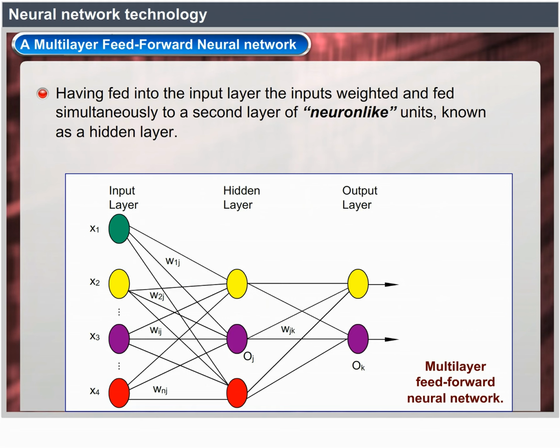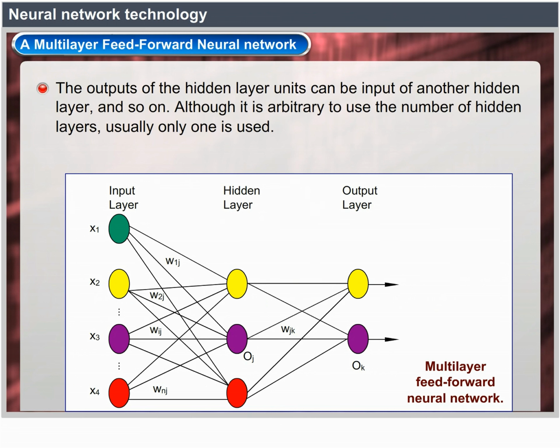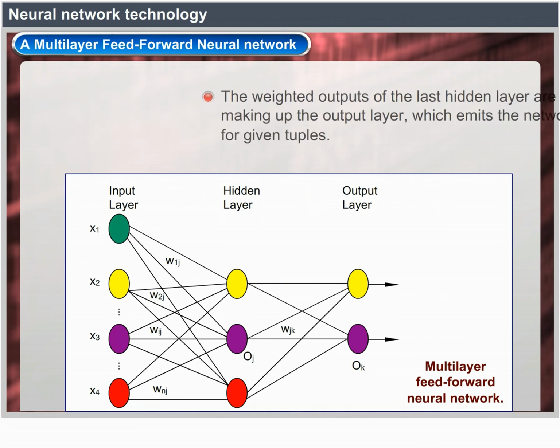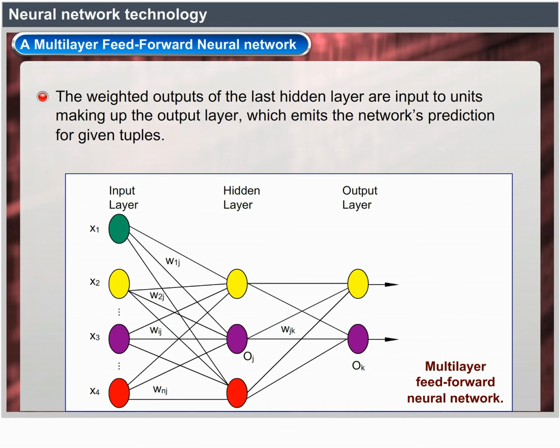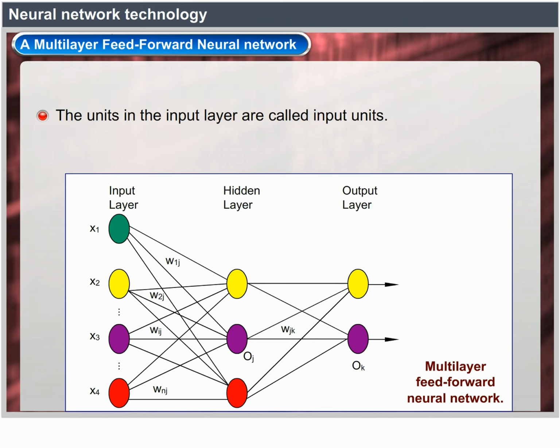The outputs of the hidden layer units can be input to another hidden layer and so on. The number of hidden layers is arbitrary, although in practice, usually only one is used. The weighted outputs of the last hidden layer are input to units making up the output layer, which emits the network's prediction for given tuples. The units in the input layer are called input units.